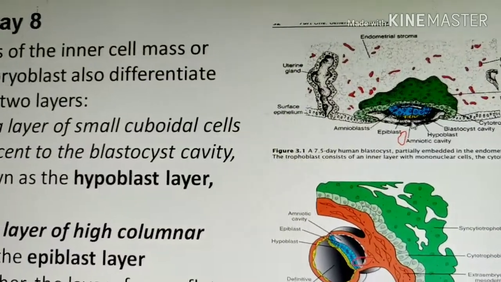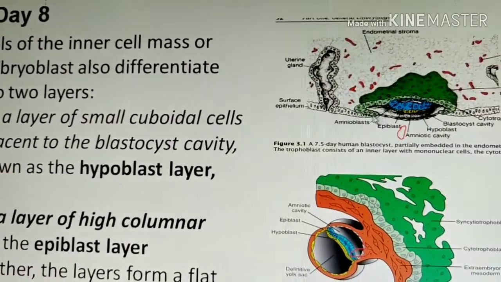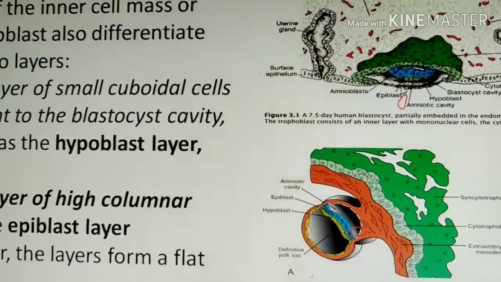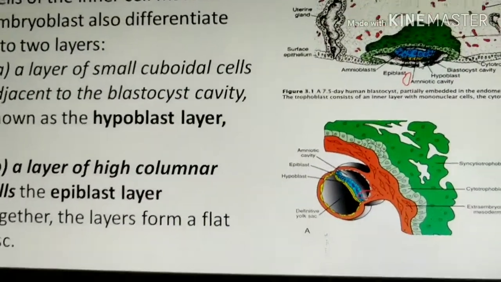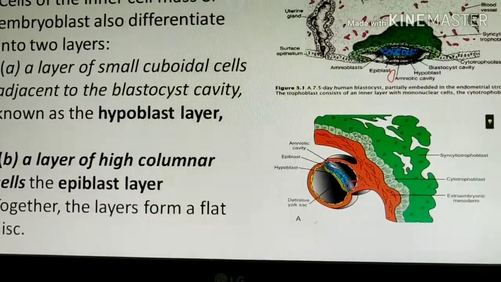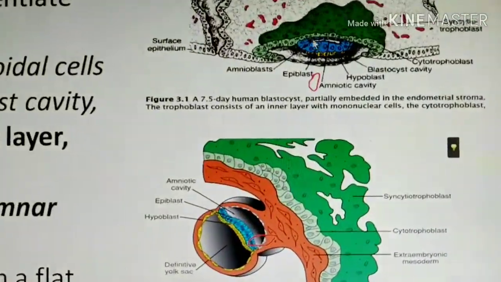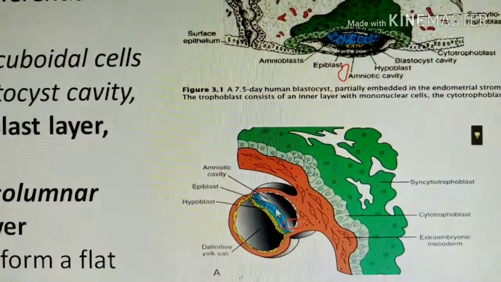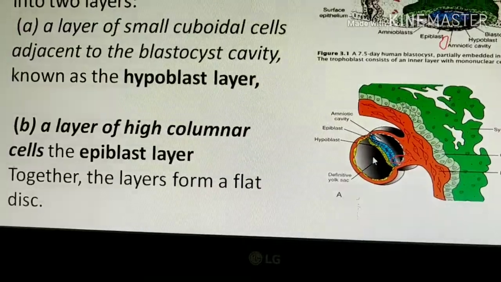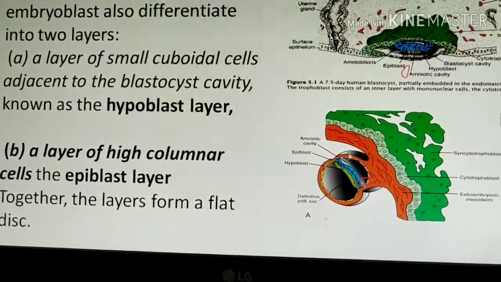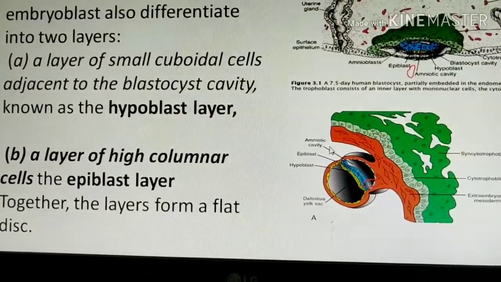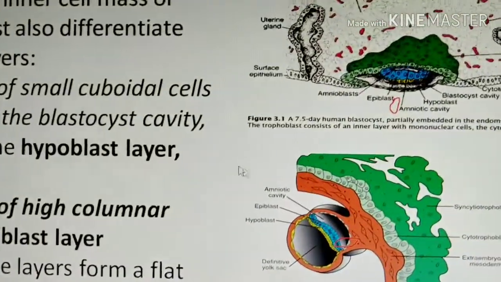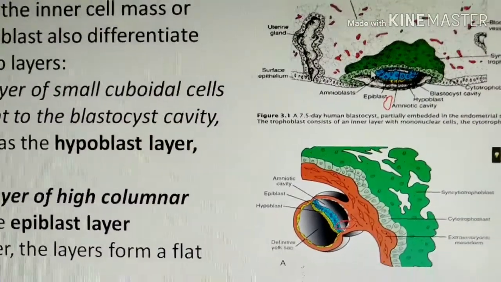These are adjacent to the blastocele cavity, known as the hypoblast. The other is the long columnar cells, the blue color. This is the epiblast, tall columnar cells. The two layers together form a flat disc, the bilaminar disc.